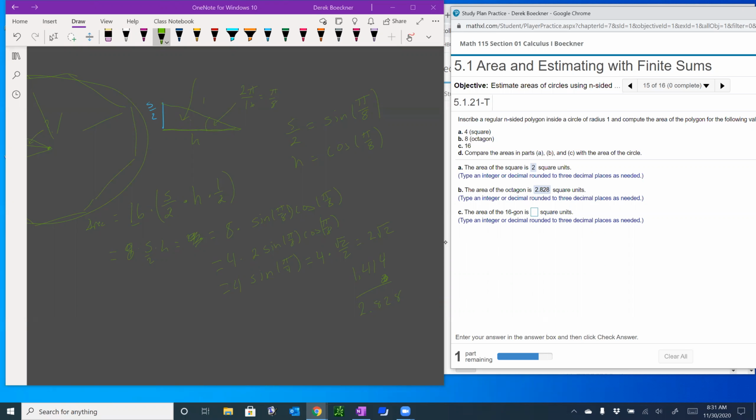We get to do the same thing with the 16 going again. Everything in here stays the same, right? Except for my angle here, right? And then the number of triangles increases. Those things are going to increase. So let's do this again. We've got 16 little triangles this time.